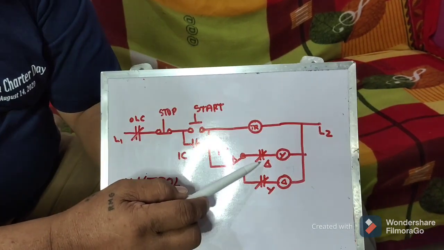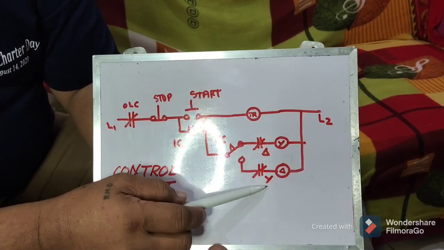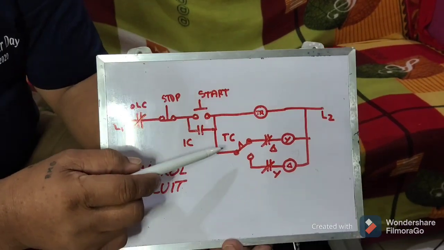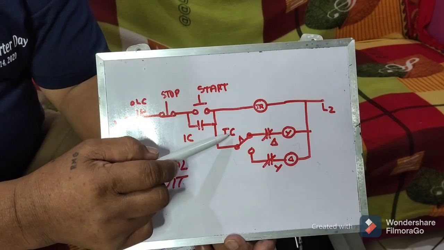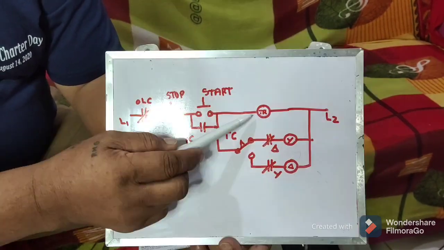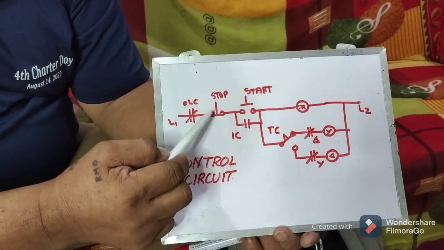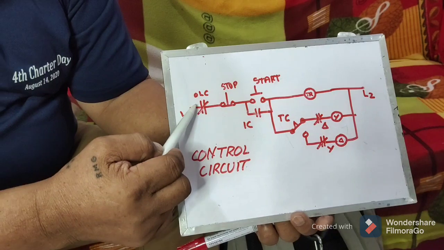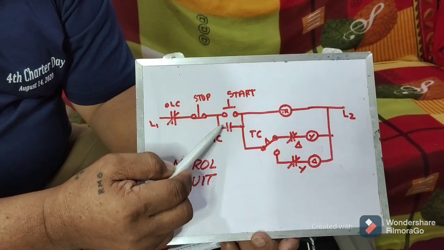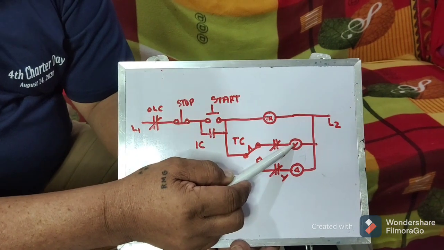Now, let us trace the circuit. Still, don't ever forget this, the interlock. Okay? I think you know the purpose of the interlock. And then you have your timing contact. Now, when I press the button here to energize, this will close. Since this is closed, the current will flow, immediately energizing the Y. Okay?